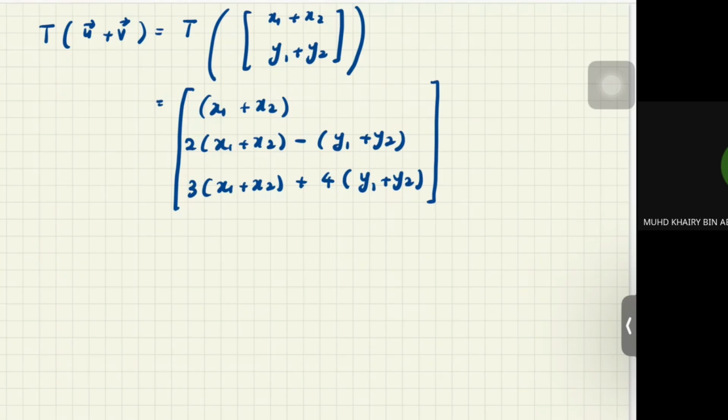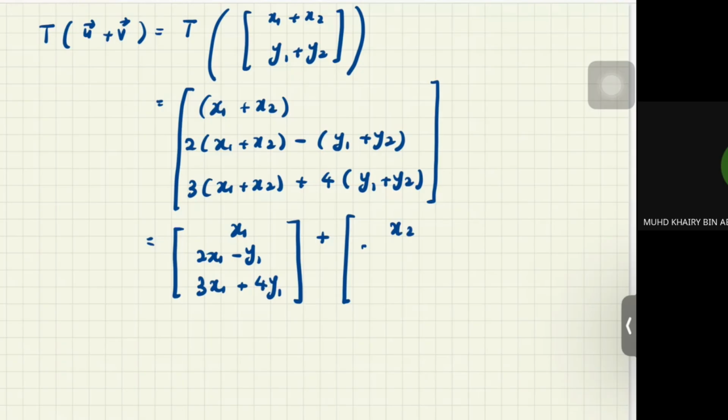So now you can separate it. The first one has all the variables x1 and y1, and the second one has all the variables x2 and y2. The first: (x1, 2x1 minus y1, 3x1 plus 4y1). The second: (x2, 2x2 minus y2, 3x2 plus 4y2).